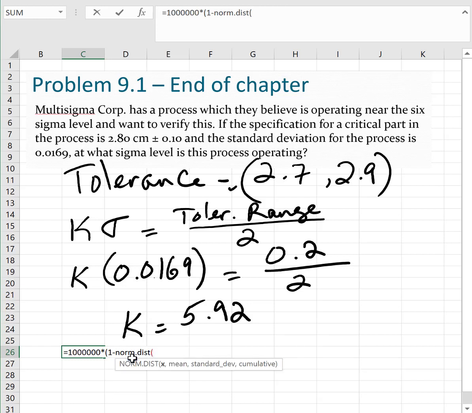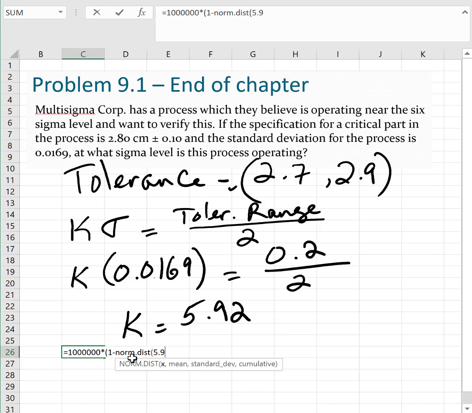We essentially want to find the probability of a normal distribution at the point where x is 5.92. So I'm going to treat 5.92 or the sigma level as the x value here.